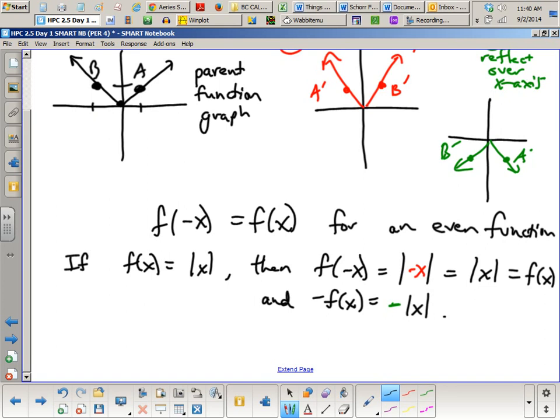Try it on your paper. Let's see what you guys come up with. Trying to draw a function. You flip it upside down, it looks just like it used to. And when I say it looks just like it used to, I mean it is the exact same graph.